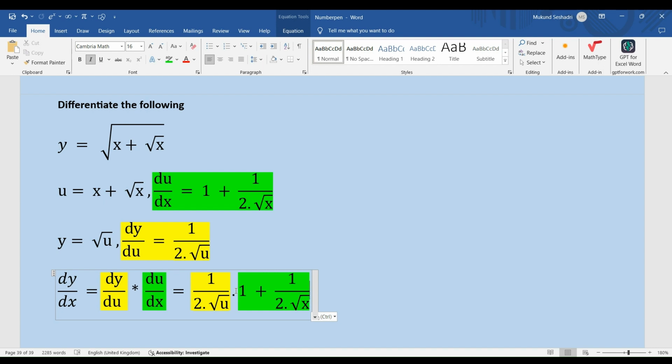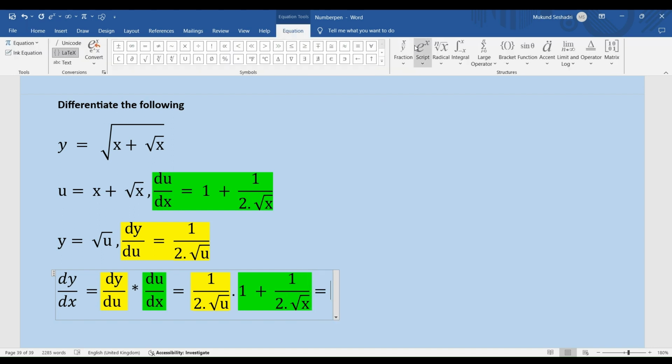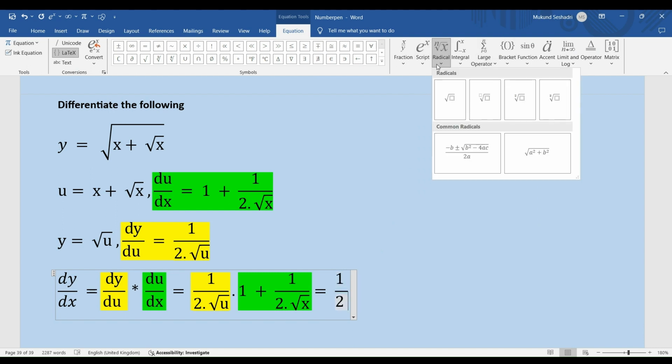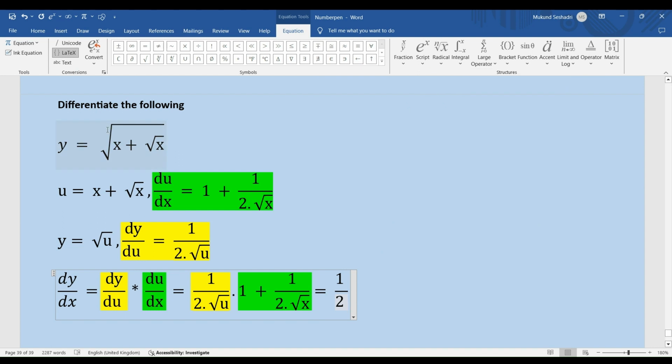So what does that mean? My final answer has to be in terms of x, right? I'm going to rewrite this: 1 divided by 2 root u is nothing but 1 divided by 2 times square root of x plus root x. And why is that? I put back my u.